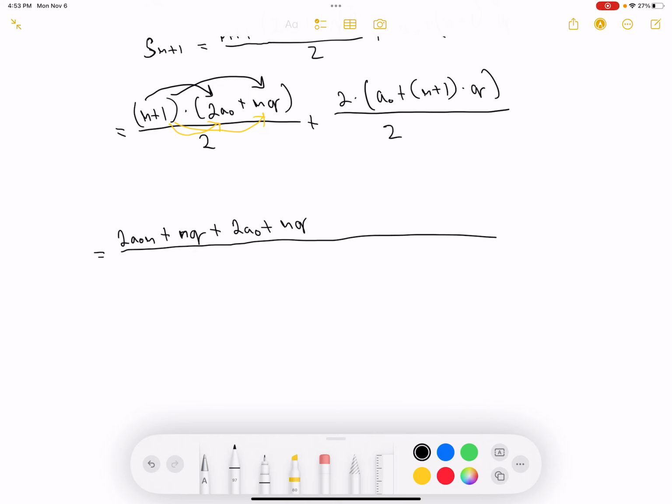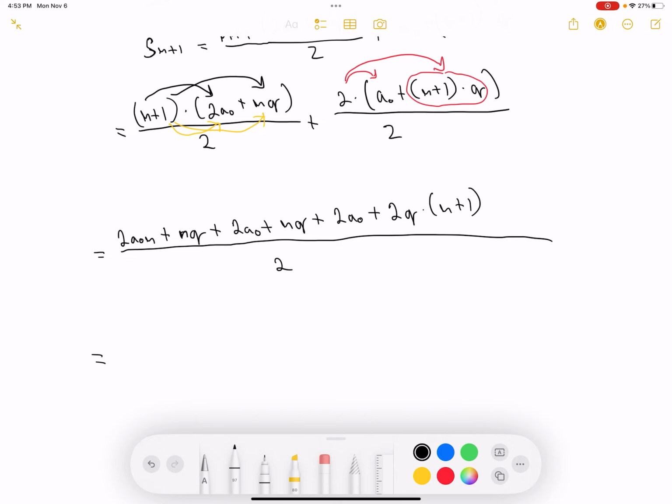I can just put everything in the common denominator now. So what do we have here? Let's start easy. Let's just do these two expressions first. This is all one expression. So it's going to be plus 2a0 plus 2q times n plus 1, right?